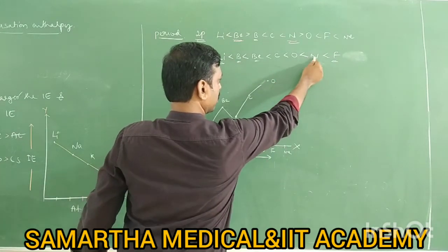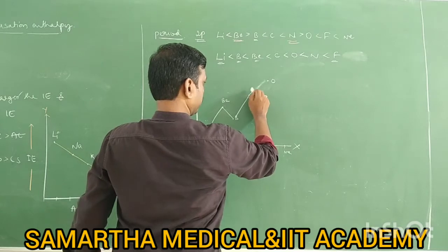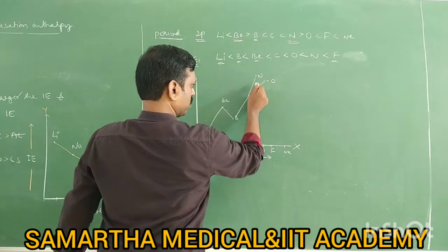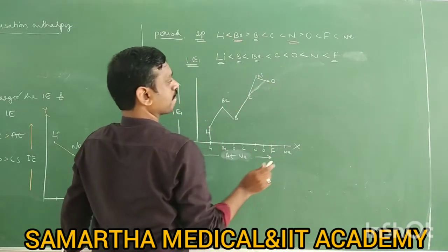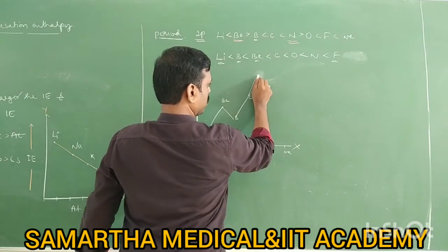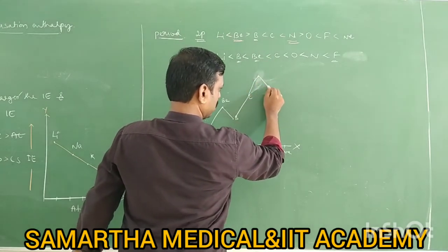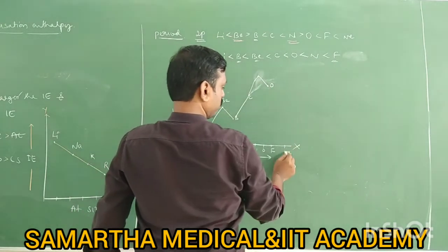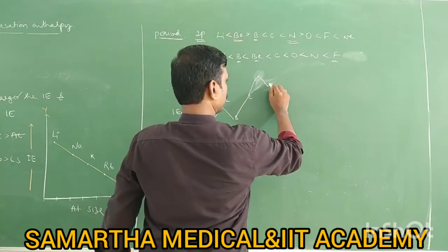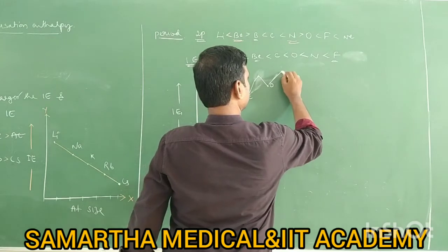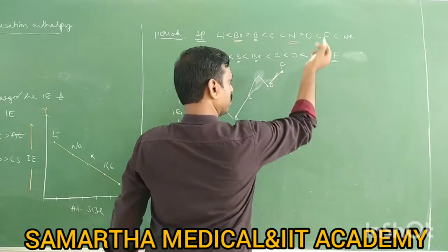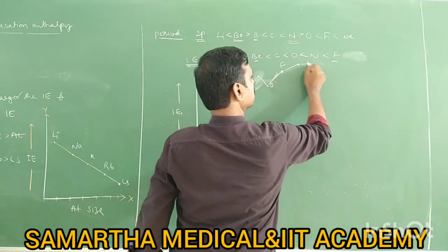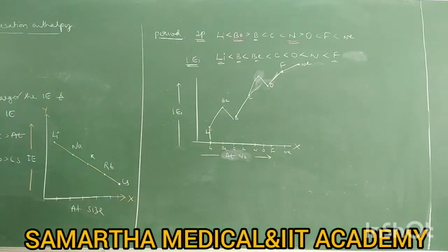But after oxygen, nitrogen is more, it means nitrogen is somewhere here, it is more, like this. Nitrogen, take like this, this is oxygen. Next, last one is fluorine. Fluorine is more. Next, neon comes, if you want to take neon, still you can take neon like this. So this is the graph.